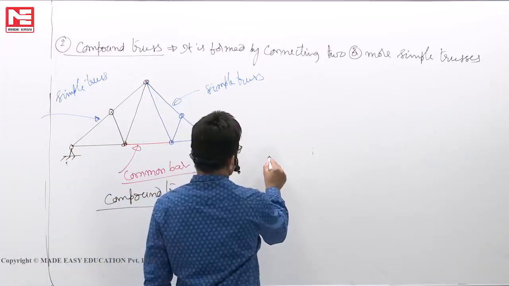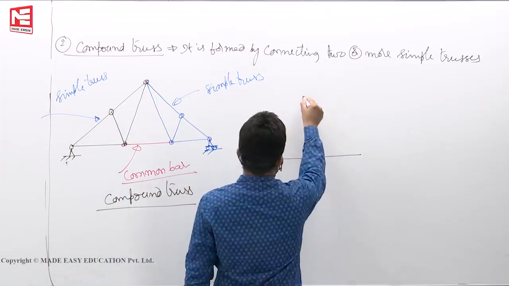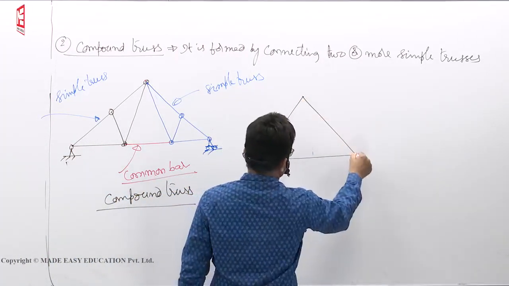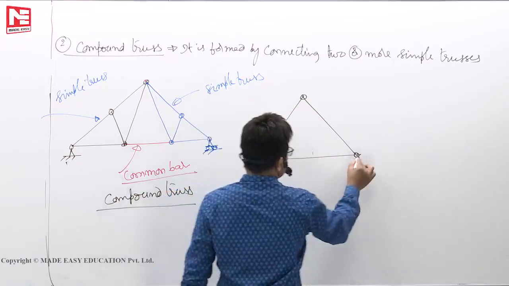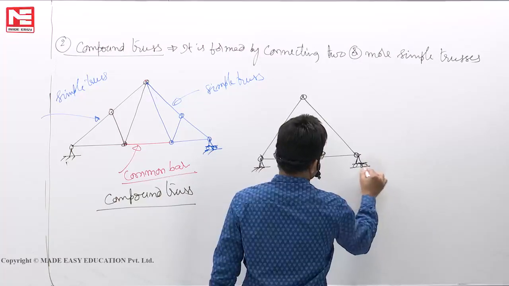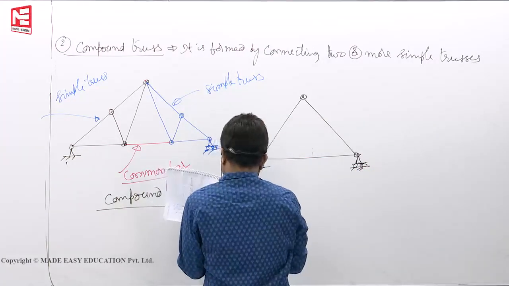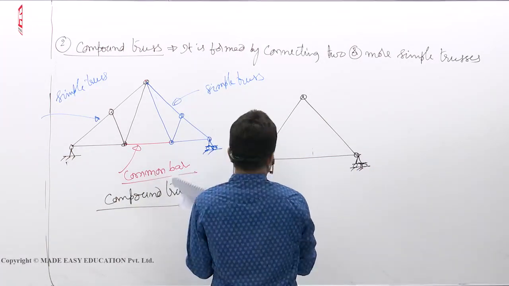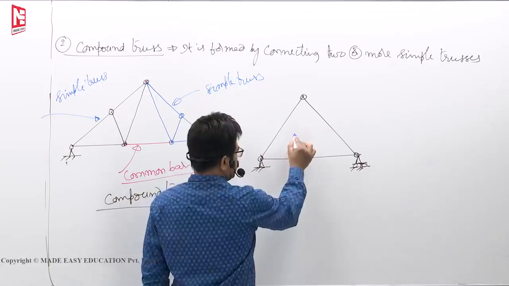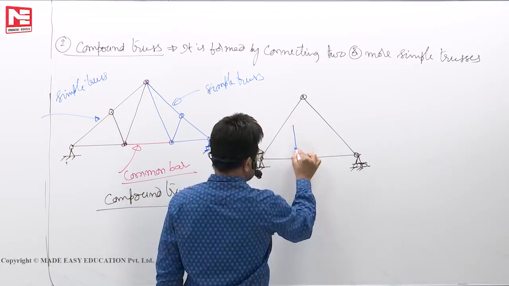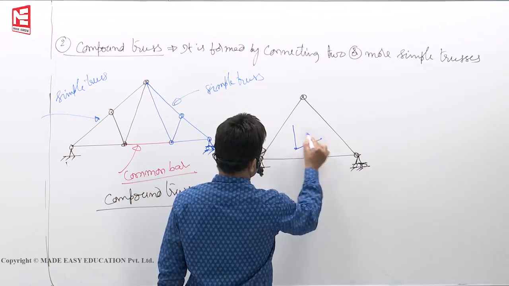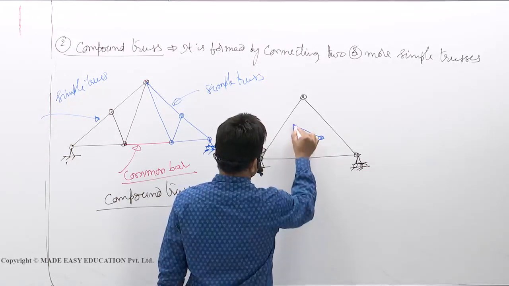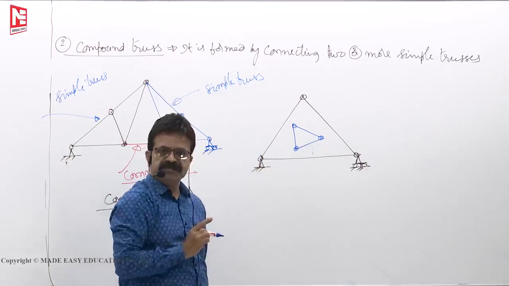One example we have solved earlier, this one, to find the stability. Black color one is one triangular truss. Okay. Another one we have calculated, we have taken, this is one simple truss. Another simple truss is say like this. Black color one simple truss.